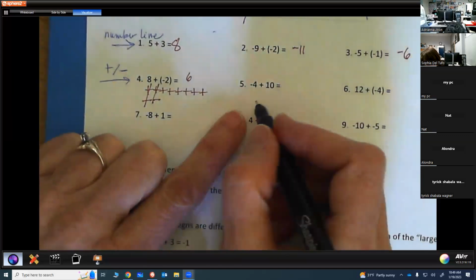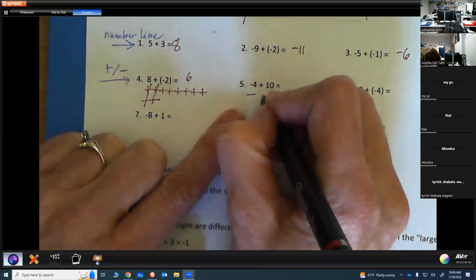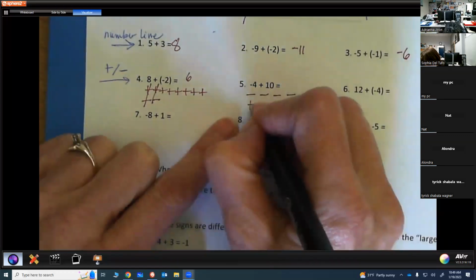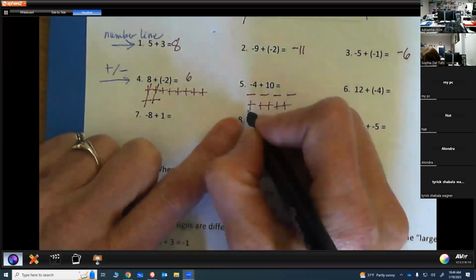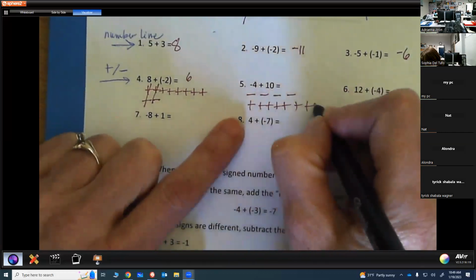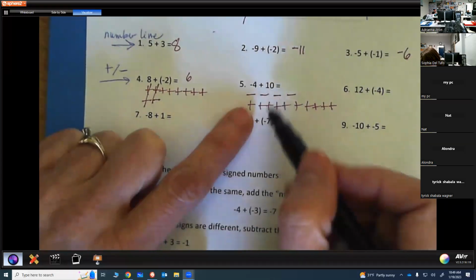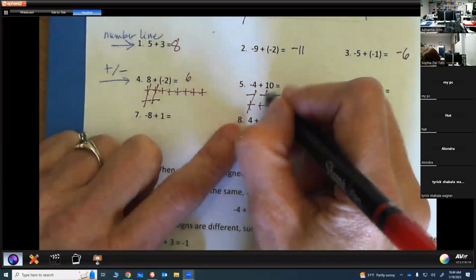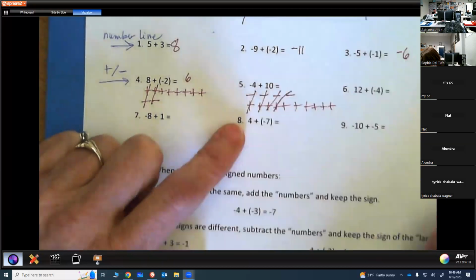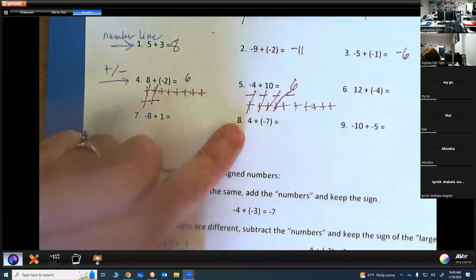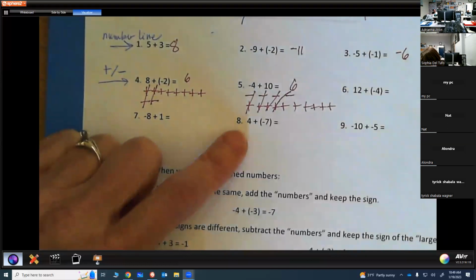Number 5 says start with 4 negatives, and then I'm going to add 10 positives. You see that these 4 negatives are going to wipe out 4 of my positives, and that's going to leave me with 6 positives. Again.